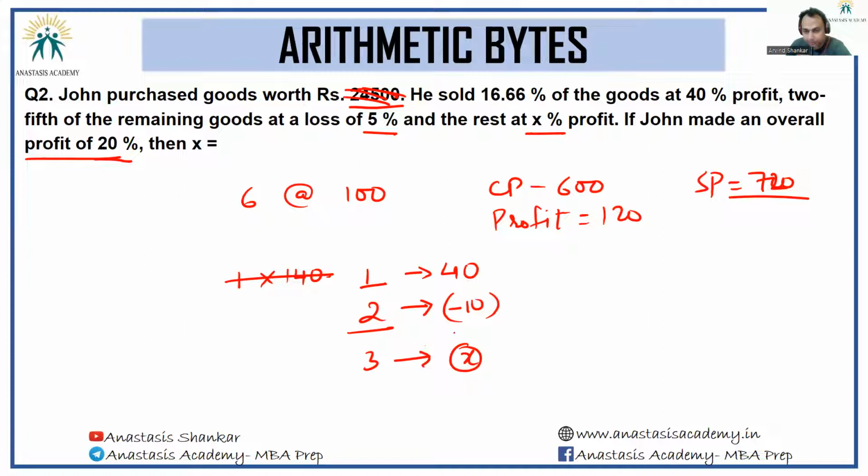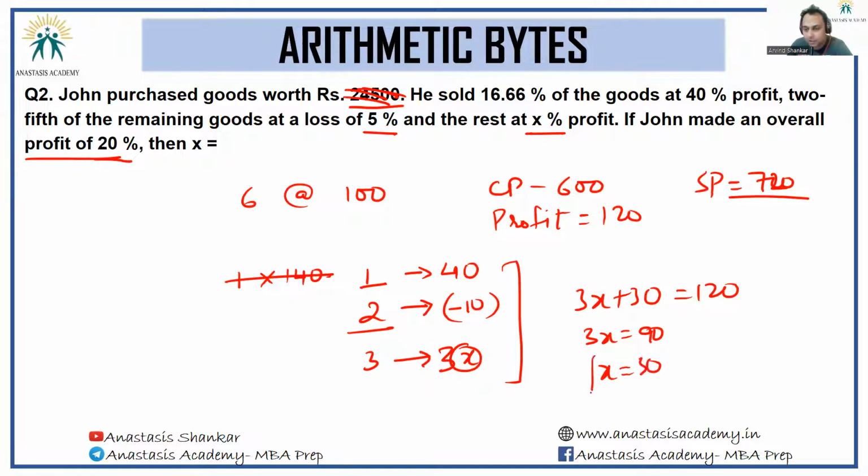So overall profit that he would get from here is 3x plus 30, and this should be equal to 120. So 3x should be equal to 90, or X should be equal to 30. The last 3 items were sold at a profit of 30%.